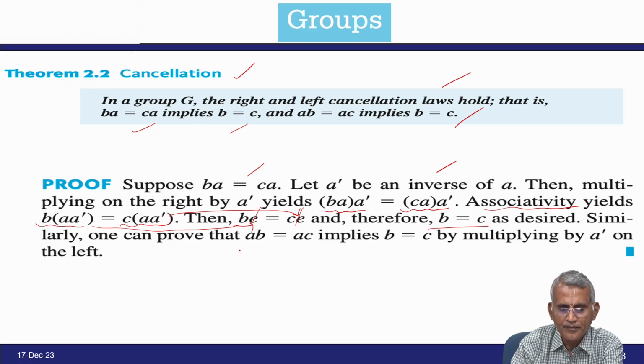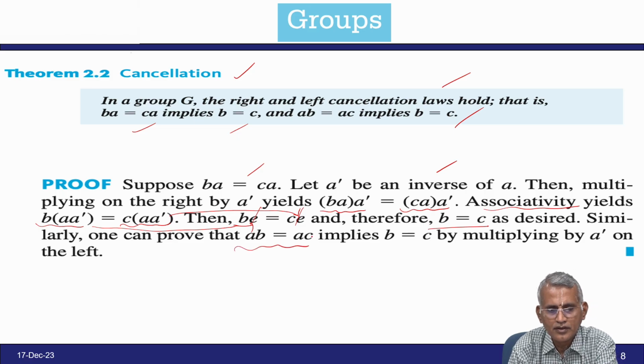One can prove that AB equal to AC implies B equal to C in the same way, by multiplying by A inverse on the left. That is, AB equal to AC gives A inverse of AB equal to A inverse of AC.